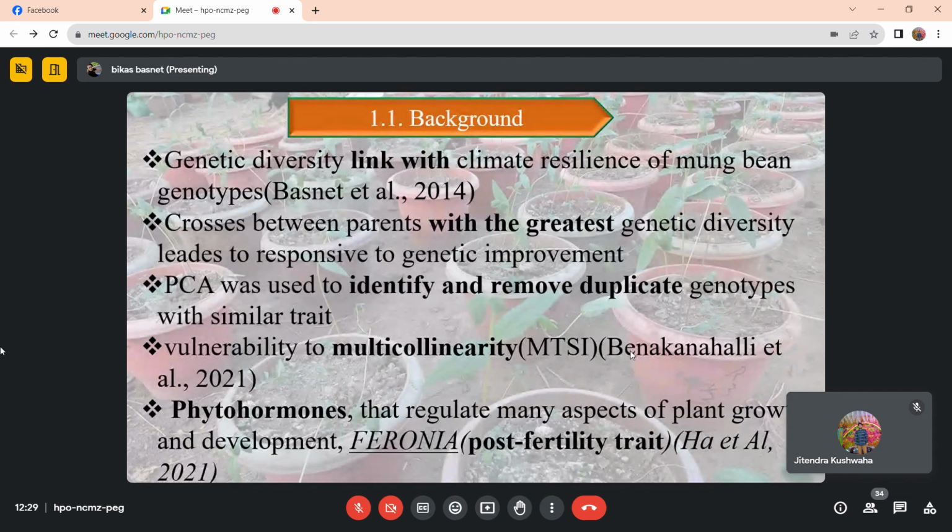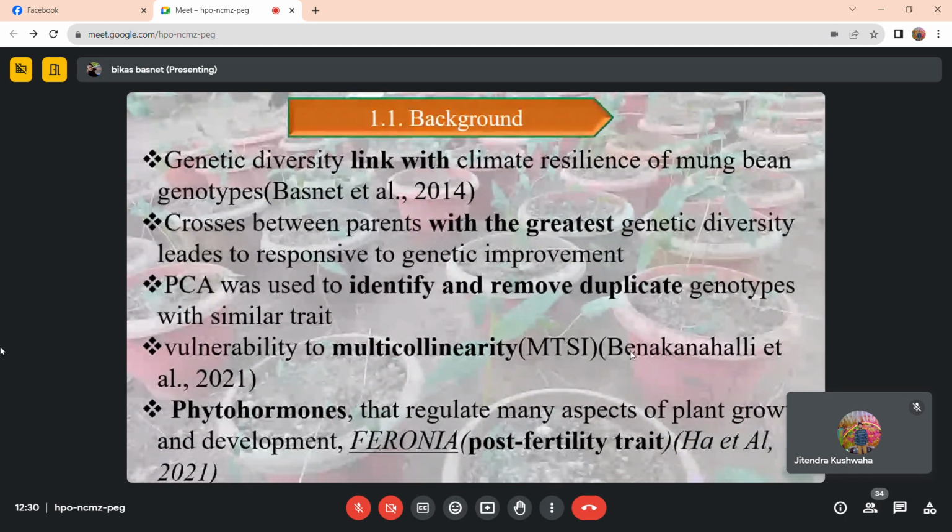And here is the concept that talks about genetic diversity, which I can link with the climate resilience program. Nepal is one of the climate-victim countries, and it is the fourth most vulnerable country to climate change. So genetic diversity study is necessary for any crop improvement program, especially for genetic parameters.